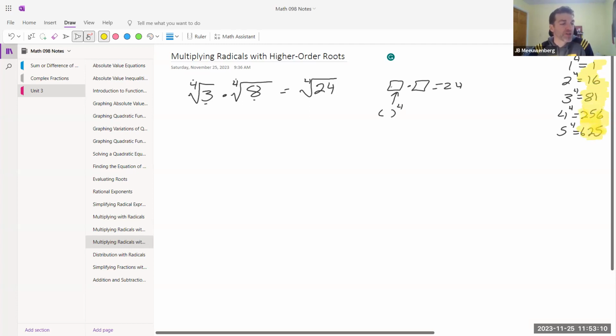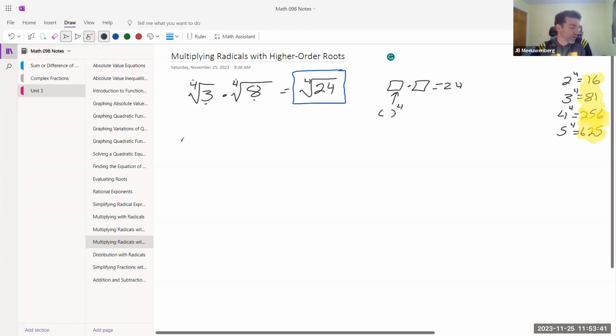You can't multiply anything to be 24. And I should erase this one. Like this one doesn't even matter, right? That first one, the 1, doesn't matter at all for these conversations. So really, is it any of these? No. So that means we cannot simplify it, right? This is as far as we could go. None of the factors of 24 are some number to the fourth power, okay?